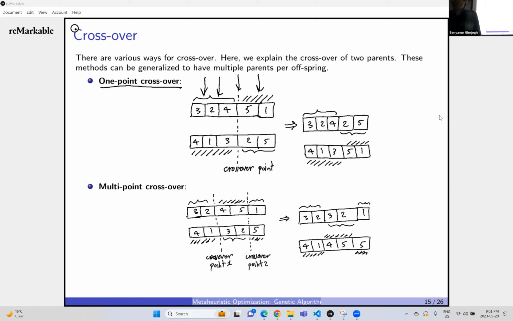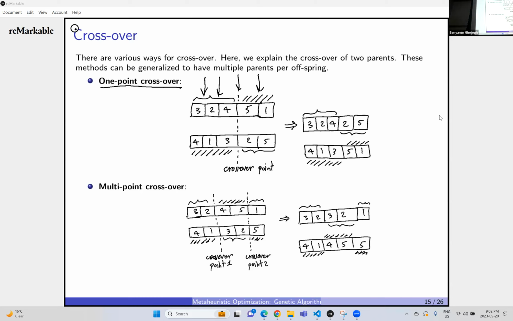I select one of them randomly, such as this one. Then I break each parent at that point into left and right parts. Then I take the left part of one parent and concatenate it with the right part of the other parent. This becomes a new child. And you see, I did it at 1 point, therefore it's 1 point crossover.